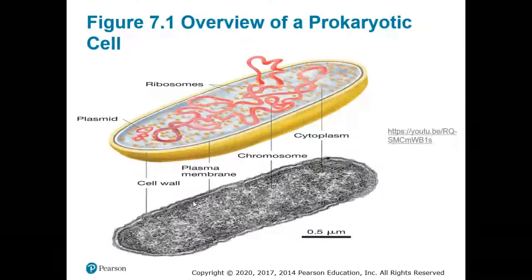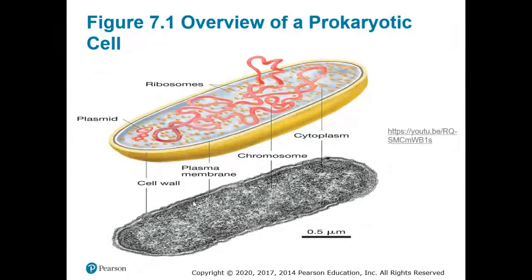Ready? Let's go ahead and talk about bacteria first. This is a picture of two pictures of bacterial cells. This one on the bottom is an actual bacterial cell looked at under an electron microscope. This other one was recreated using computer models.